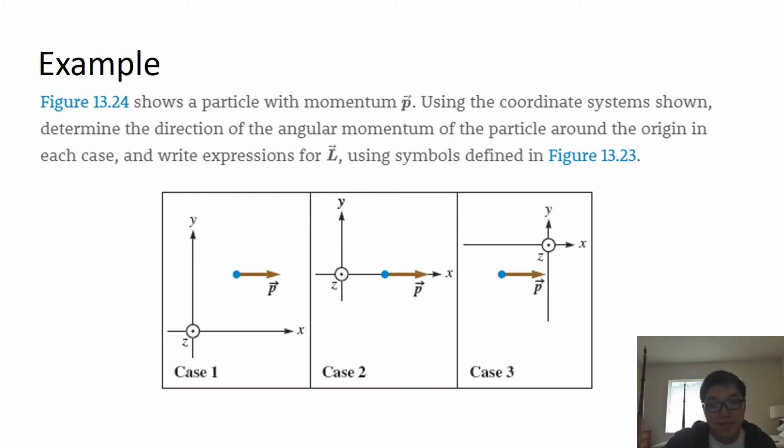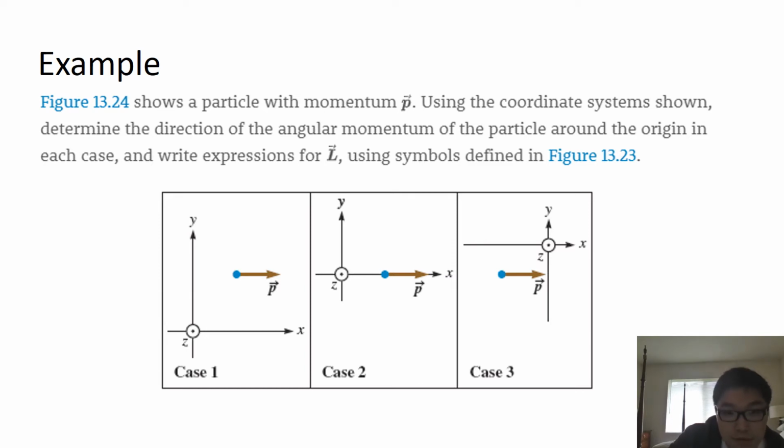Okay, next slide. Here we'll show an example. I will give you an example of how to define the direction of the angular momentum. The figure below shows a particle with momentum p using the coordinate system shown.